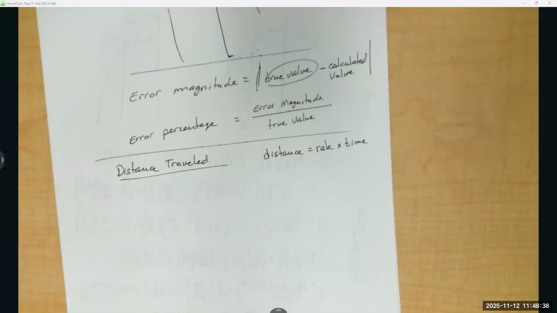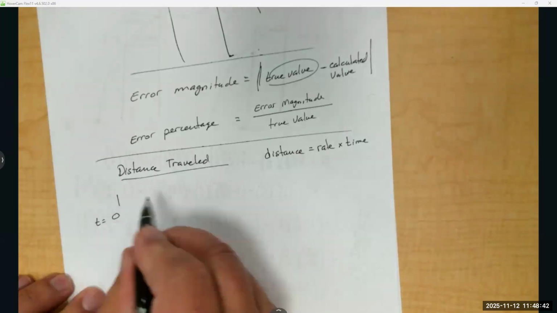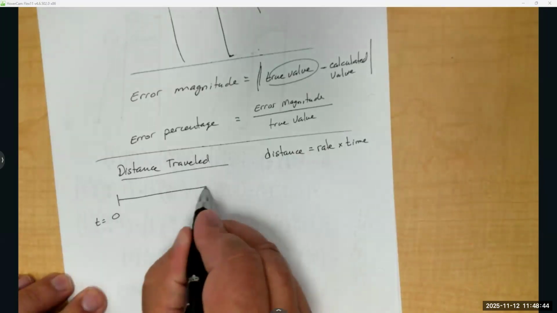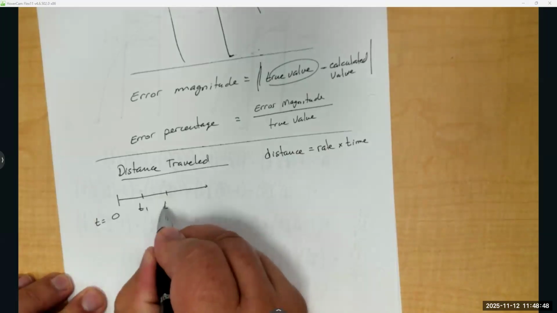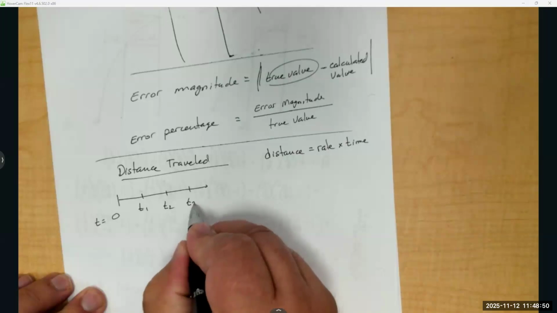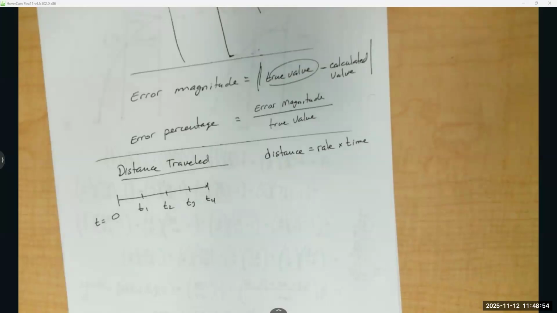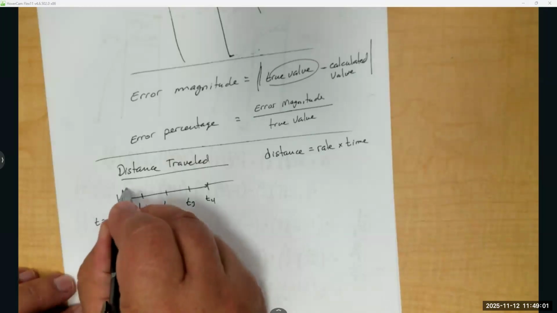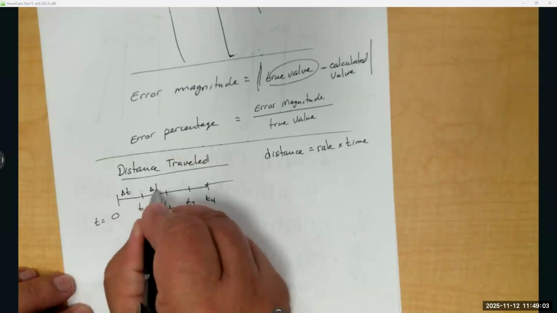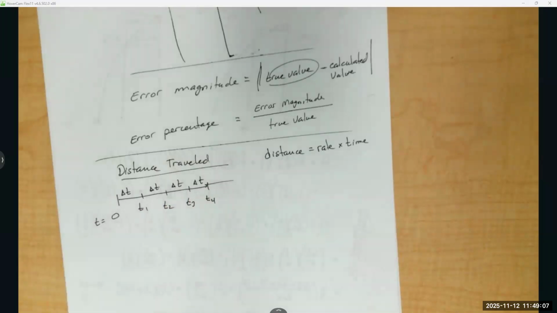So it has to do the same thing: you start off at time equals 0, and then you move on at certain intervals. This is time 1, this is time 2, this is time 3, and this is time 4. We can keep on going to infinity, but each of our delta t's are defined inside there.